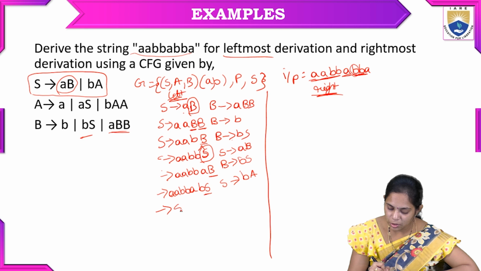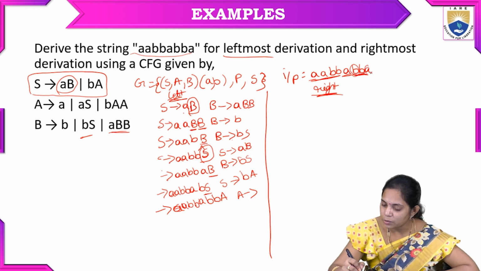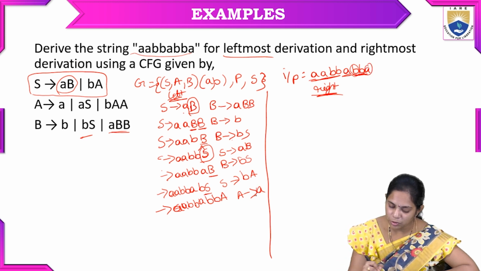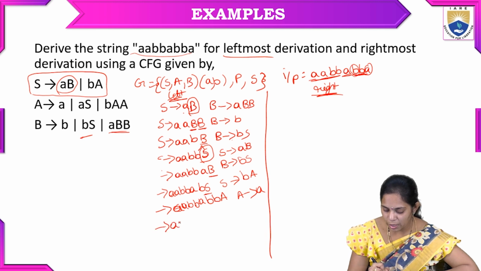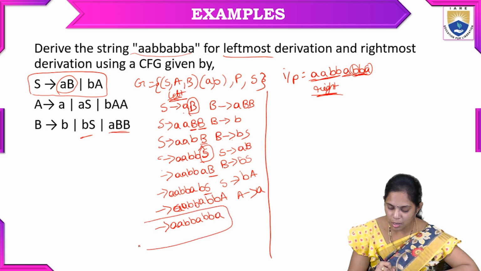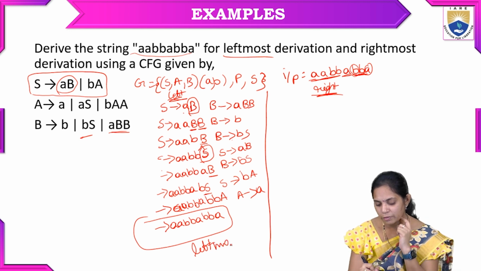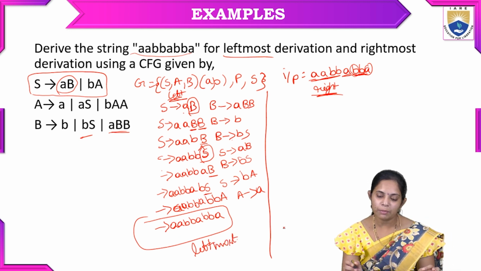So here S tends to a. We will write this a, b, b, and we will substitute this b, a. What do we have to do? We require the last input symbol a, so we substitute A tends to a. So we got the input string from this production rule. This is how we are getting the leftmost derivation. So with the leftmost derivation, we get the input string.